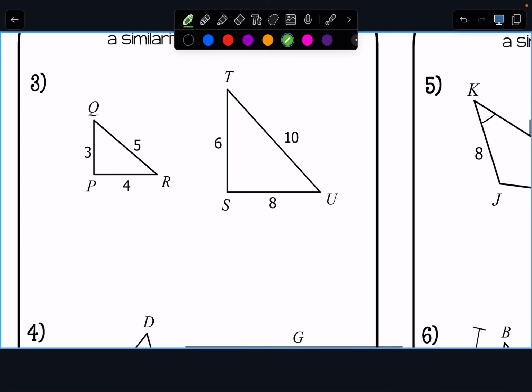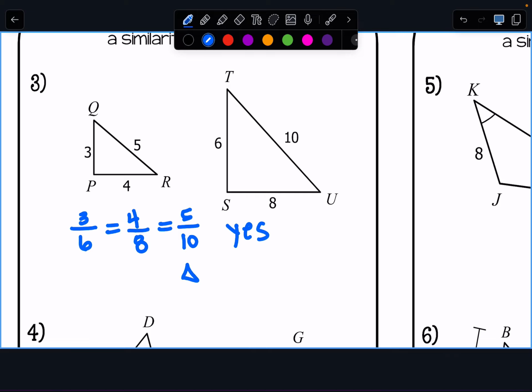To be proportional means every ratio is the same. So if I set up these ratios, 3 corresponds with 6, 4 corresponds with, and 5 corresponds with. If these are all equivalent ratios, then we are proportional. Is that true? Yes. Okay, so that is a true statement.